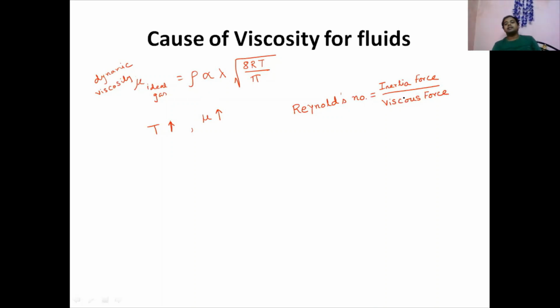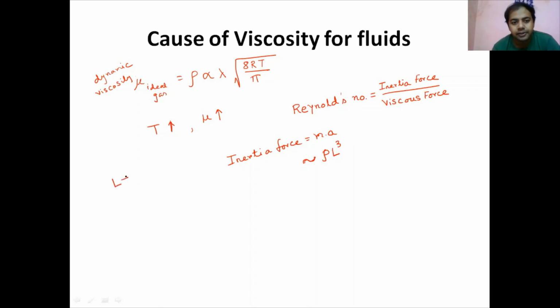So we will do an order analysis, looking at the order of the inertia force for a fluid, gas, or any substance. Inertia force is mass into acceleration. In terms of order, mass we can write as density into volume, L cubed, where L is the characteristic length.